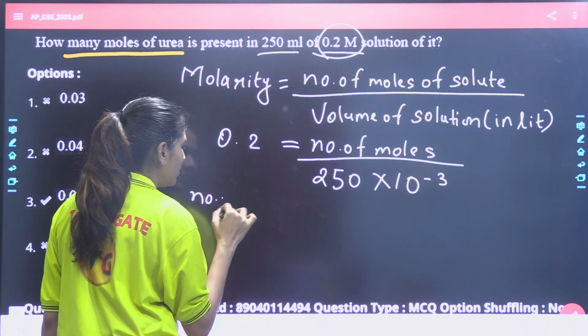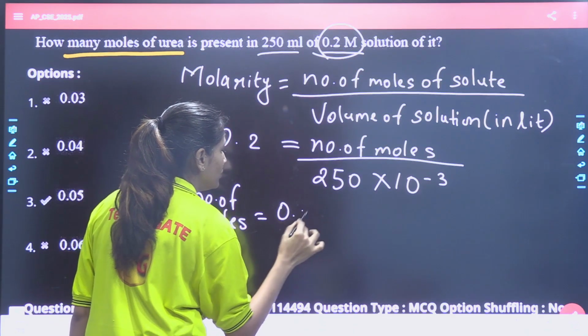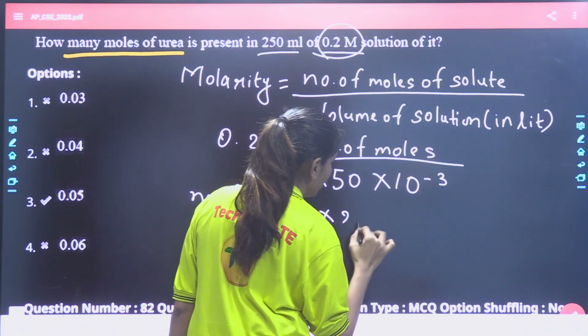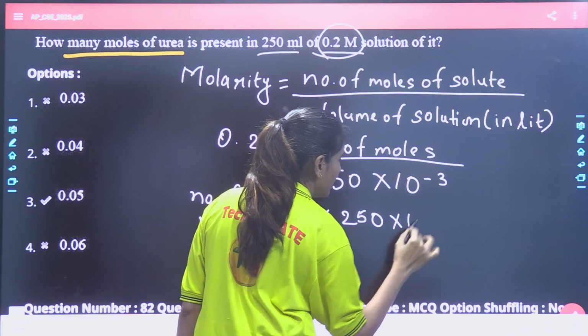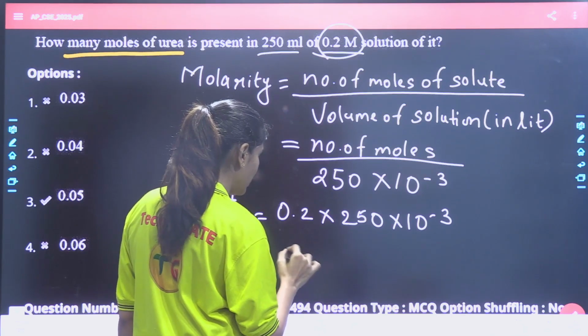So what would be the number of moles? 0.2 into 250 into 10 raised to power minus 3. Okay. Then we would solve it.